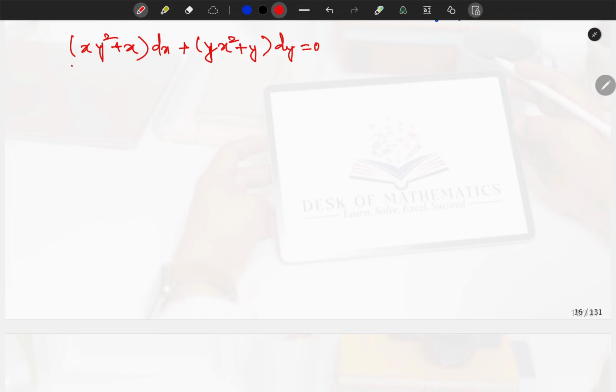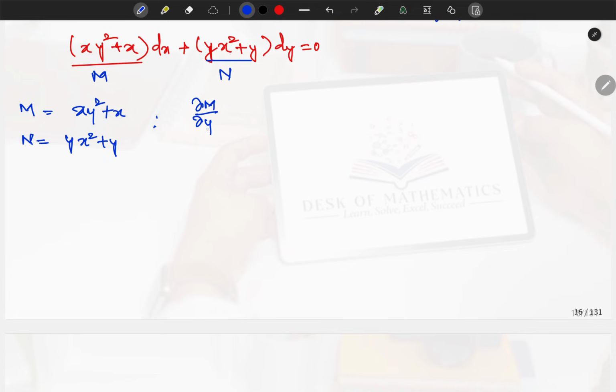So again you can check, this is your M, this part is your N, because for M you have dx and for N we have dy. So what is our M now? Your M is xy² + x, and your N is equal to yx² + y. What is the necessary condition to be exact? ∂M/∂y should be equal to ∂N/∂x.